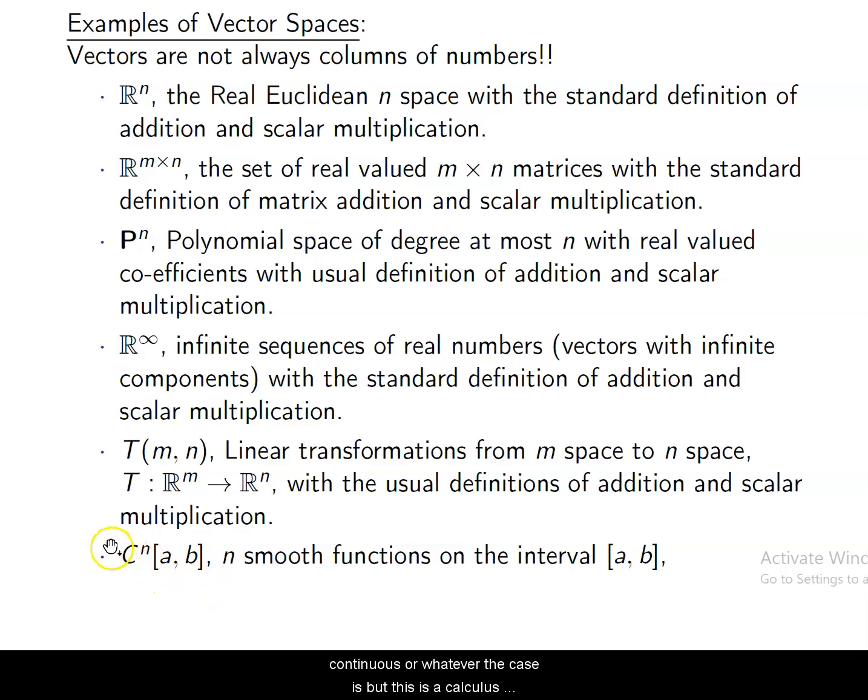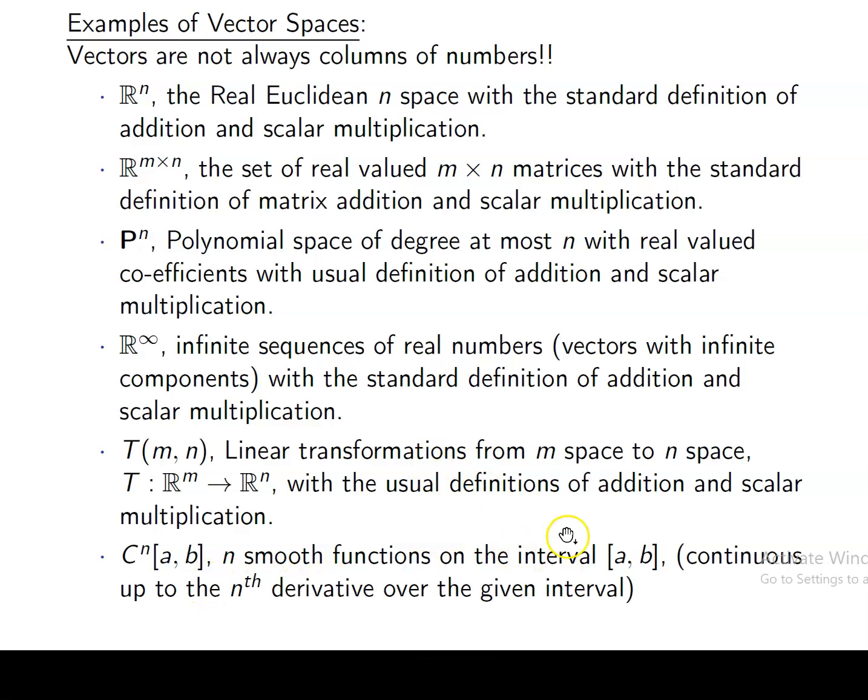But this is a calculus definition here, right? And smooth means you're differentiable this many amount of times, and all of those derivatives are continuous. Okay. So continuous up to the nth derivative over the given interval, right? So it could be a closed interval, it could be all of R, it could be Z even, right? Which really doesn't make any sense, but it can be, whatever the definition of the interval is here, right?